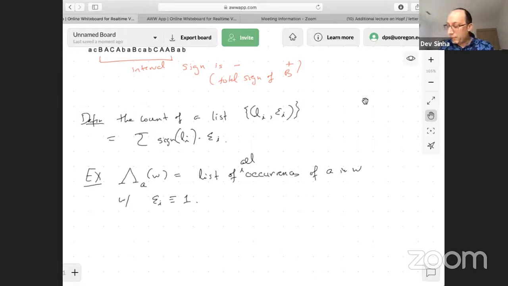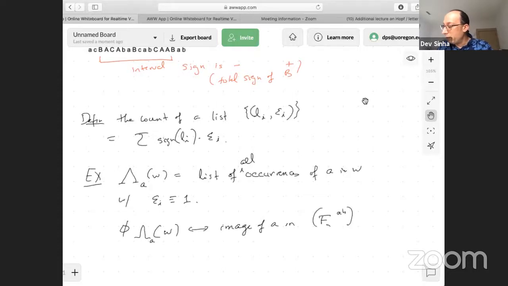And then the count of this is really going to tell us about just the number of times A occurs, and that's encoding the image of A in what? I'm looking at the abelianization of F_n, but then I need to look at the A summand there. So that abelianization is a free abelian group, isomorphic to the integers direct sum with itself n times. There's one of those summands which we can identify with A, the particular canonical direct sum decomposition.